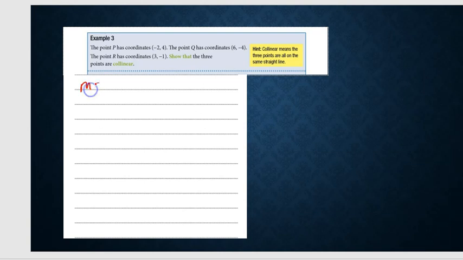The gradient M of the line PQ in this case is going to be, if you look at the line, P is -2, 4 and Q is 6, -4. So what is the change in y with respect to the change in x? It is y2 minus y1: -4 minus 4, divided by x2 minus x1, which is 6 minus -2.